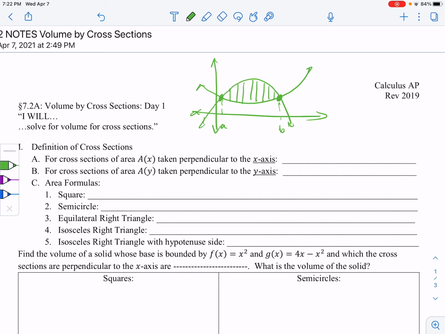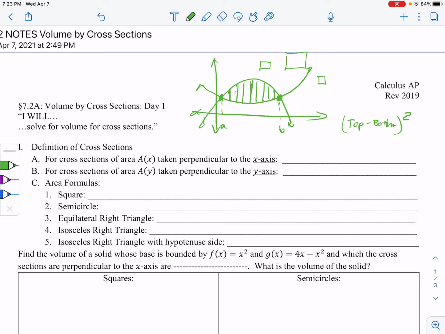So if we're doing a loaf of bread again, these would be squares. This square would be about that big. This square would be that big. This one's about that big. So you have little squares, and you can figure out the area by the difference, the top minus bottom, and then you square that distance, right? Because top minus bottom is one of the sides, and you're going to square it.